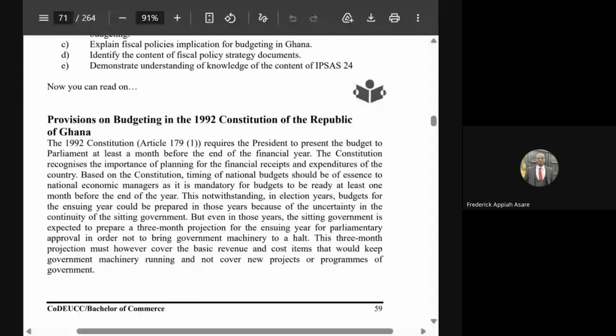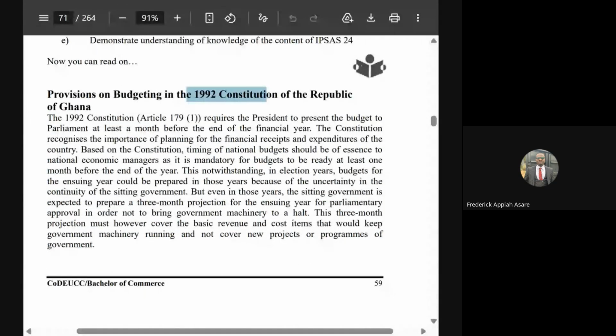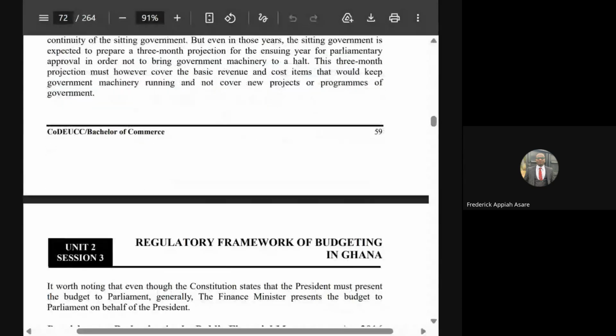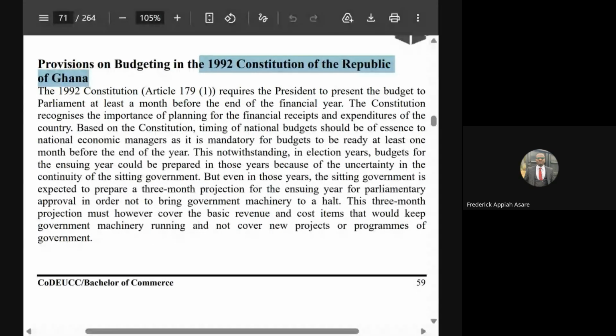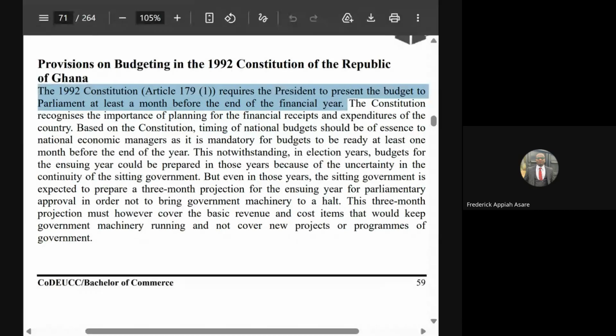The first one is the provision on budgets, that is the 1992 Constitution. It requires the president to present the budget to Parliament at least a month before the end of the financial year. The president can't do it by himself; he does it through the Minister of Finance.